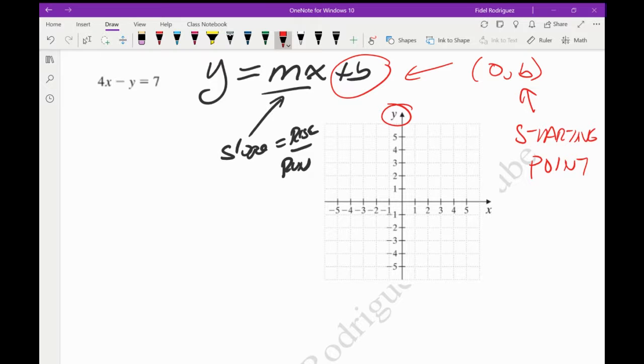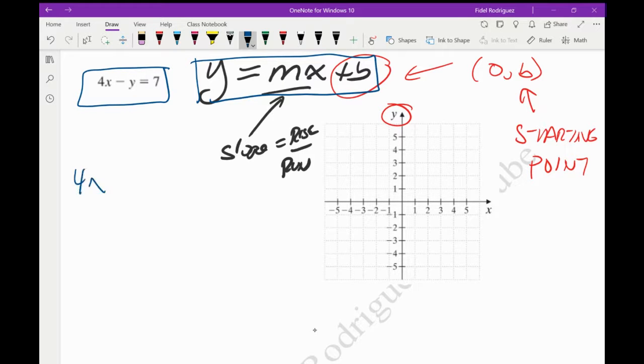Okay. So the first thing I want to do here, I want to take this equation and make it look like this one here. So if I have 4x minus y equals 7, then what I want to do is get the letter y by itself.